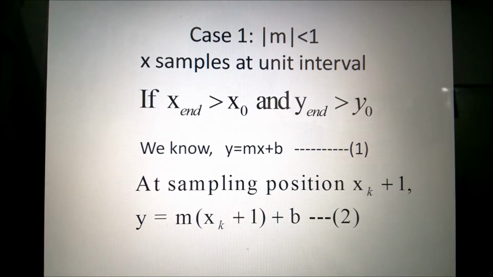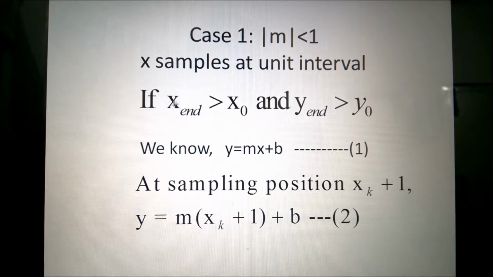Here I am repeating the same thing again. Case 1: the slope of the line is less than 1, and in that case x will be sampled at unit interval, as I already told. Now another case to be considered: the starting point and the ending point.